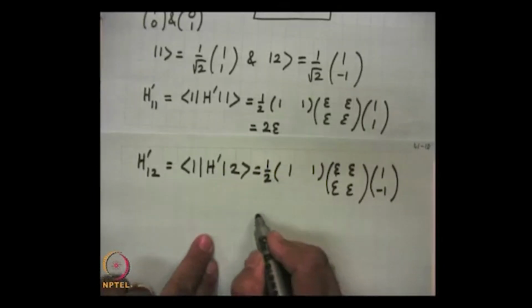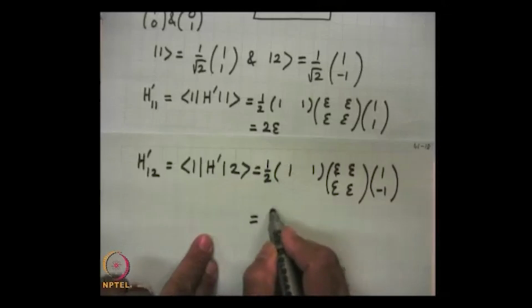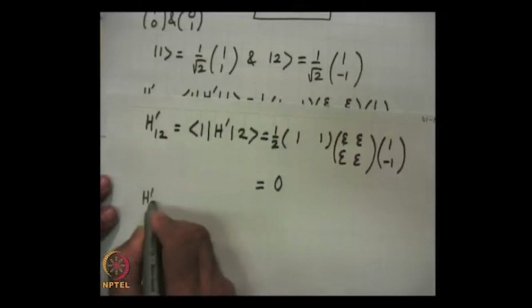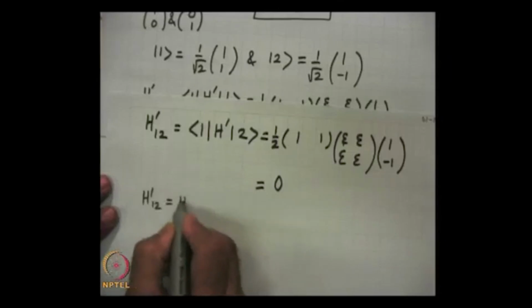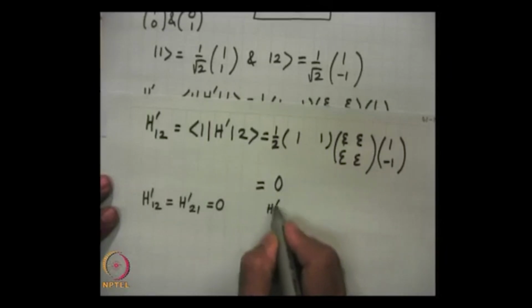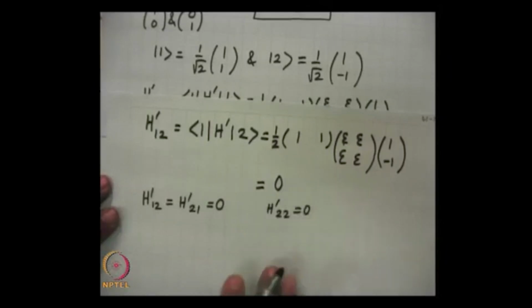So this becomes 0. In fact, all other matrix elements are 0. So H prime 1 2 is equal to H prime 2 1 is equal to 0, and H prime 2 2 also happens to be 0.